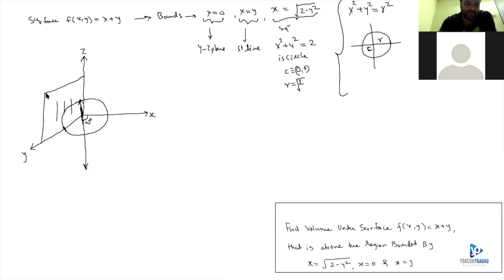Look, one of the bounds is this plane. The equation of this plane is x equals 0. The other bound is this line, right? And the next bound is this circle. So do you understand it is this circle and this line?